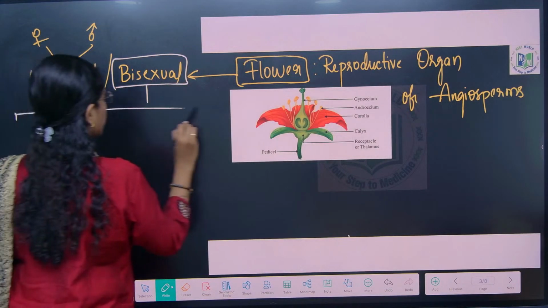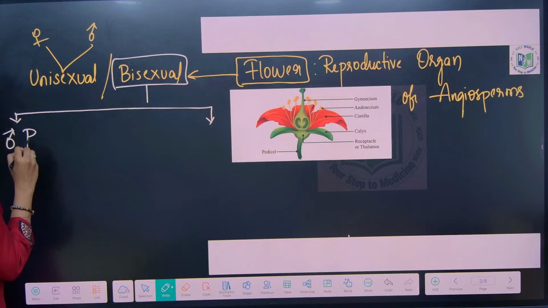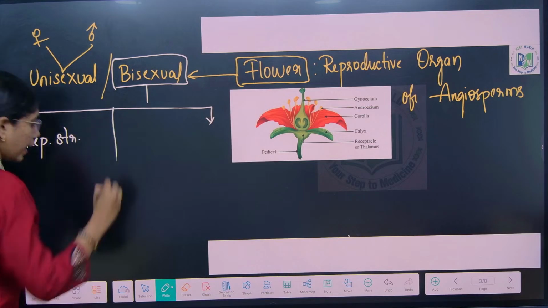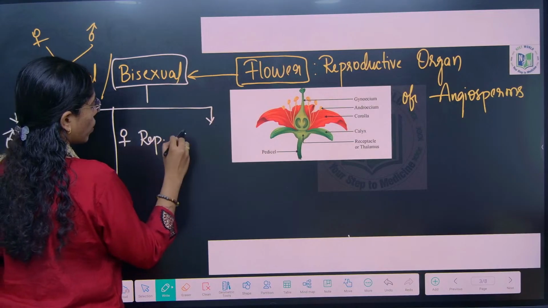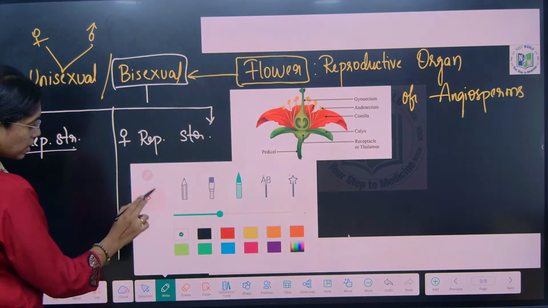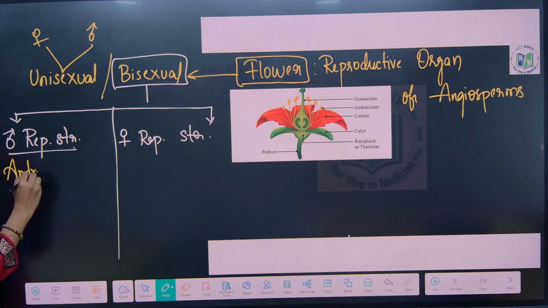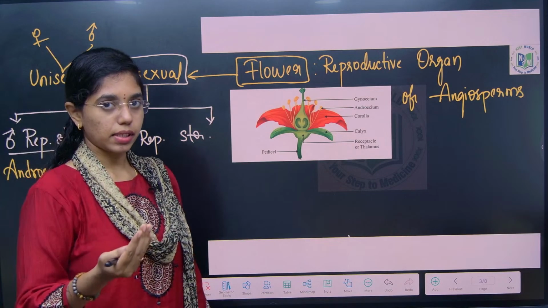Male reproductive structure and female reproductive structure. Male reproductive structure is addressed as androecium. The unit of androecium can be a single stamen or multiple stamens. Okay?